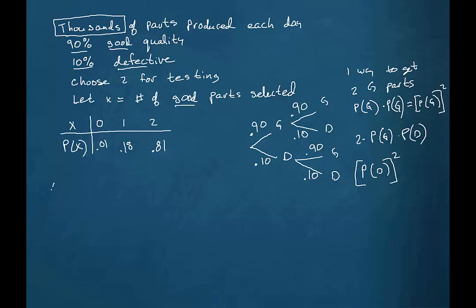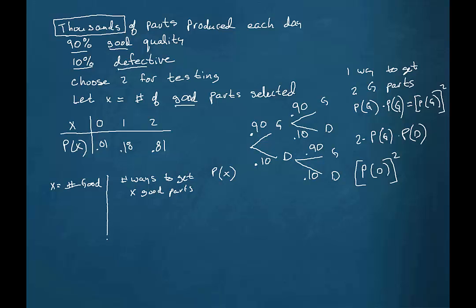So if we let x equal the number of good parts, and then we look at the number of ways to get x good parts, and then the probability that we would have that many good parts.